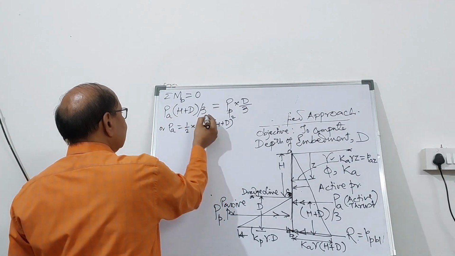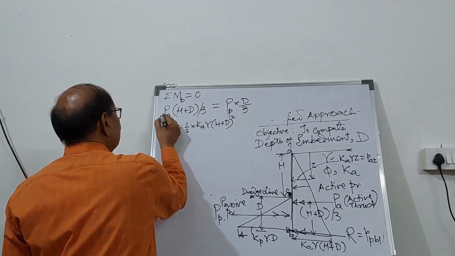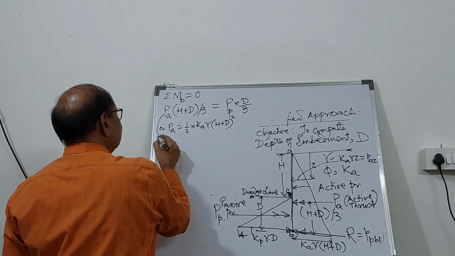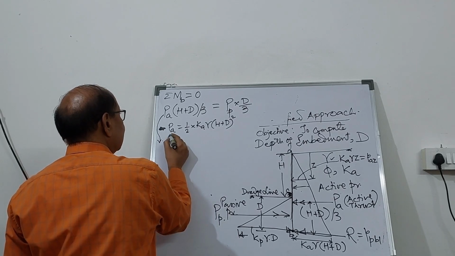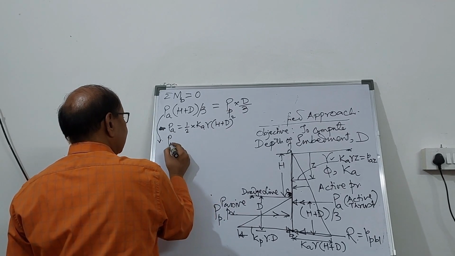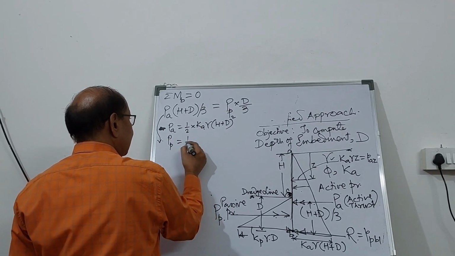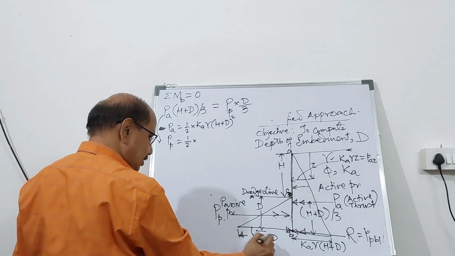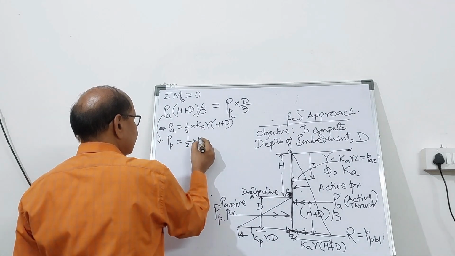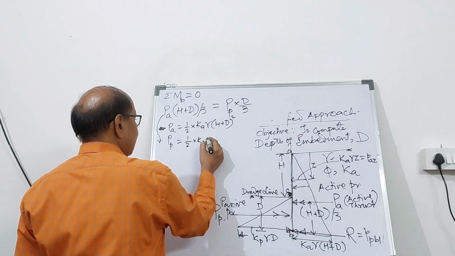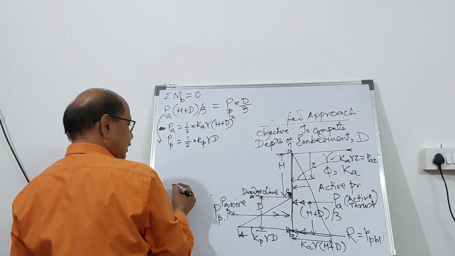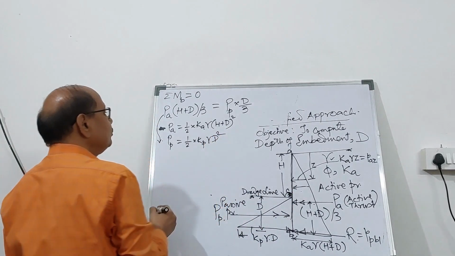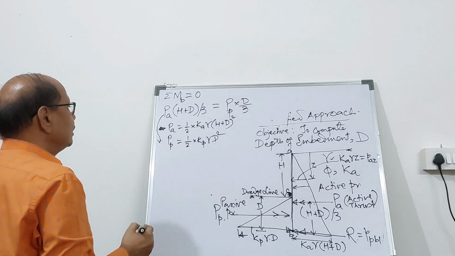And this PP will be half into base, that is Kp gamma D, into this height, that is D. So it becomes D square.